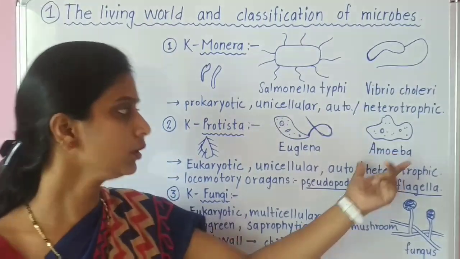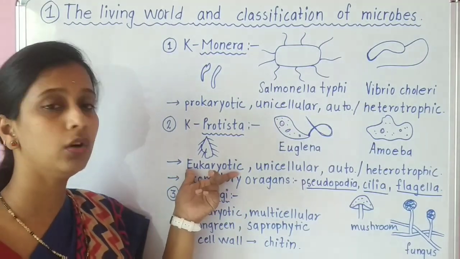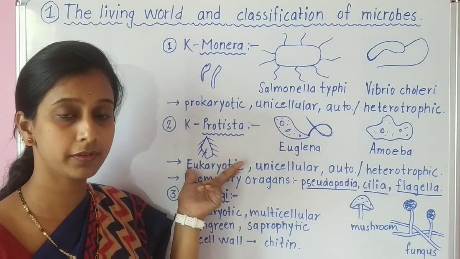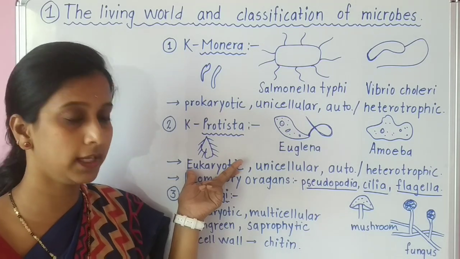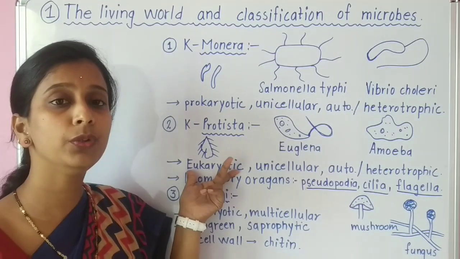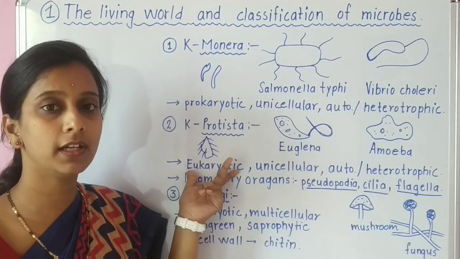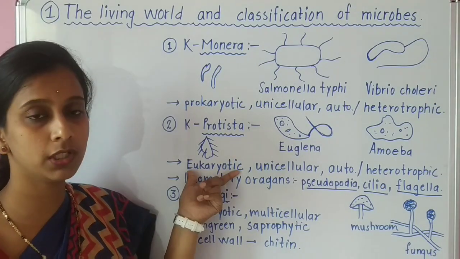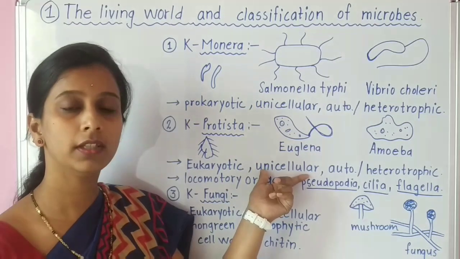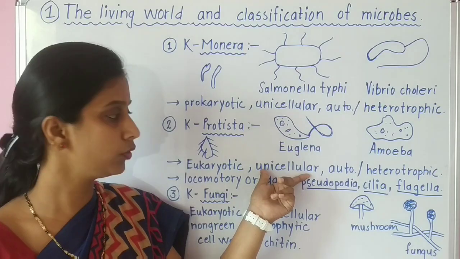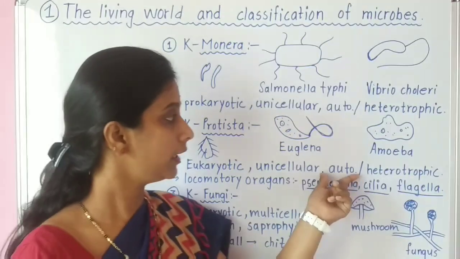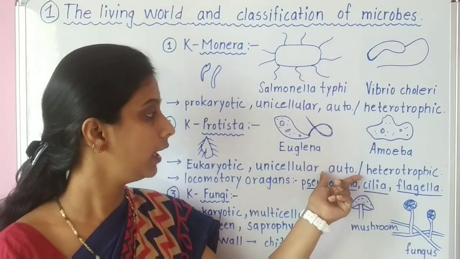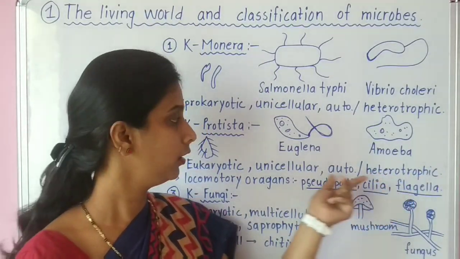So let us see the characteristics. All organisms are eukaryotic, meaning their cells are well defined with all the cell organelles, and their nucleus is covered with a nuclear membrane. Then they are again unicellular, single-celled organisms. Same as the previous group, they are either autotrophic or heterotrophic.